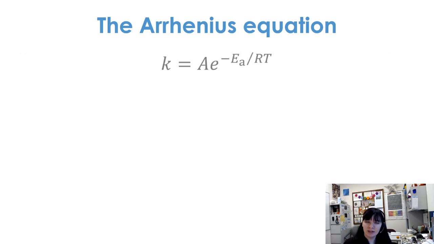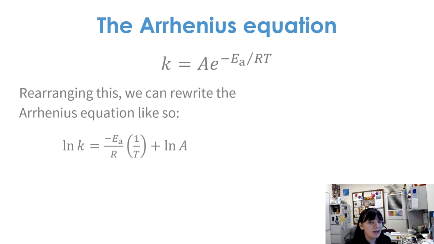There are derivations of the Arrhenius equation that can be used as well to show the same relationship. One common way that we'll see the Arrhenius equation rearranged is like so.